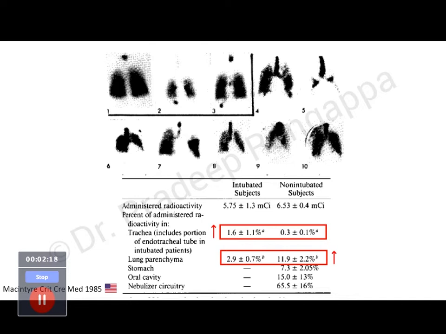But if you look at the lung parenchyma, what they found surprisingly was that intubated patients had more and non-intubated patients had less. So you would think intubated patients will have more in the lungs, but here it was the opposite. They had more in the trachea and less in the lungs.